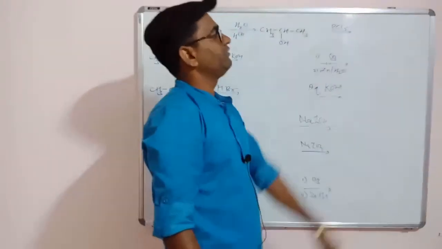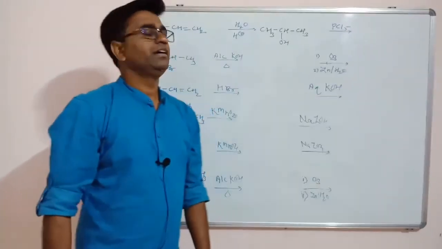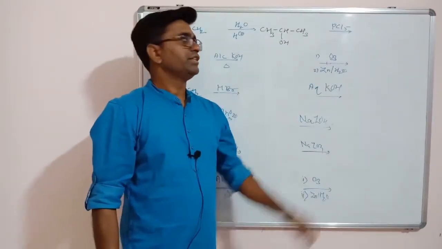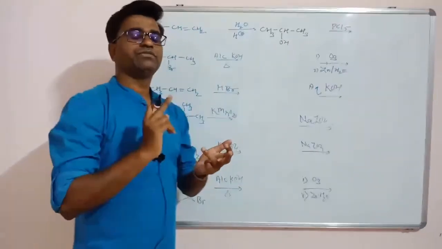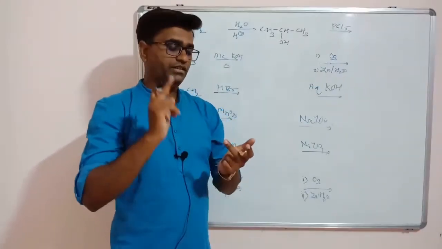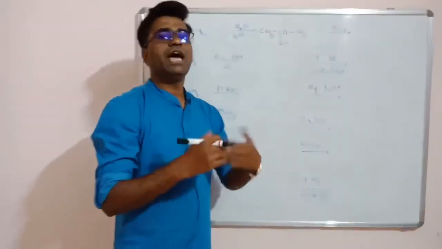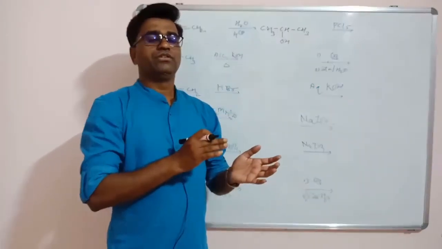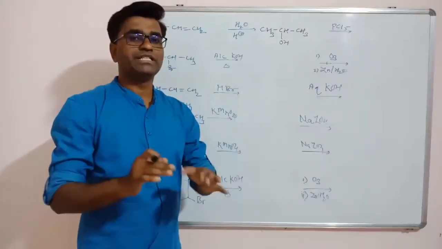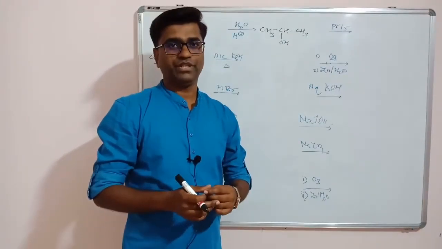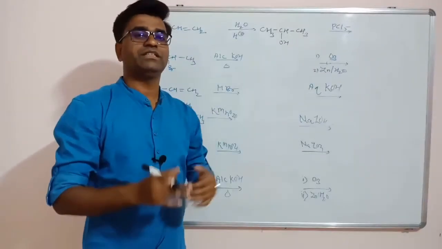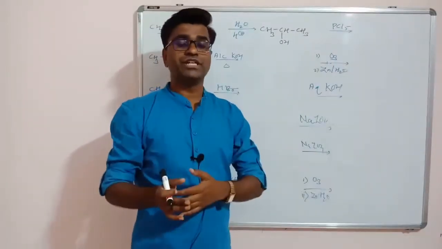Next reagent is PCl5, so phosphorus pentachloride. Also phosphorus tribromide, then SOCl2. So these are the reagents for halogenation reactions. The hydroxyl group is replaced by the halogen, with reagents like PBr3, PCl3, PI3, SOCl2.